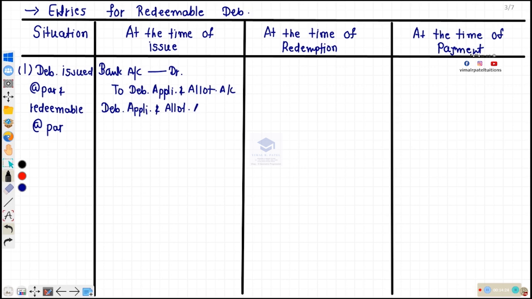Debenture application and allotment account debited to debenture 100.